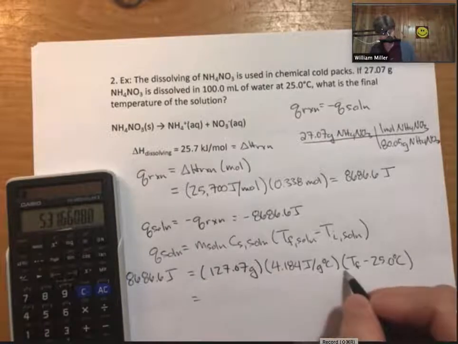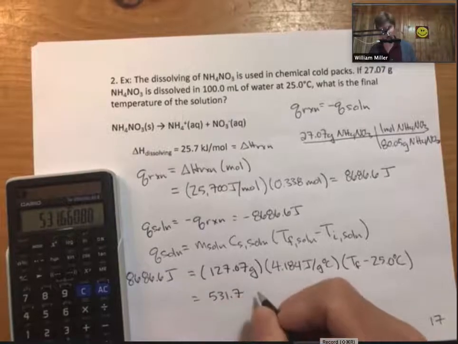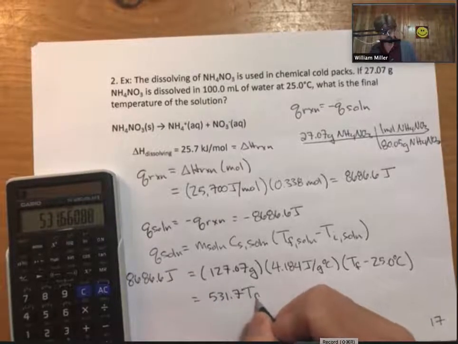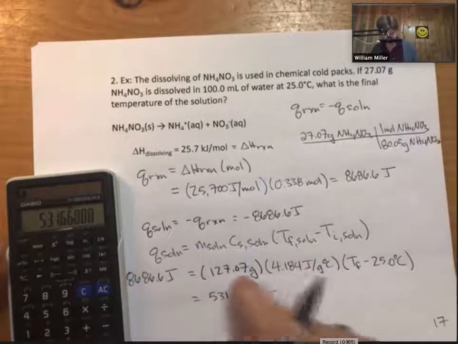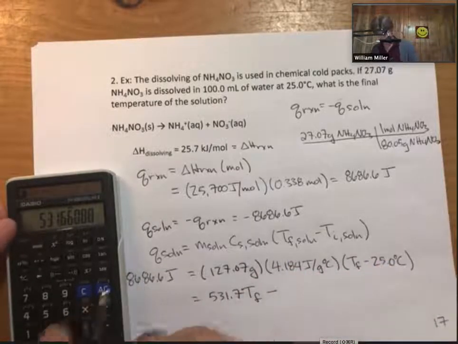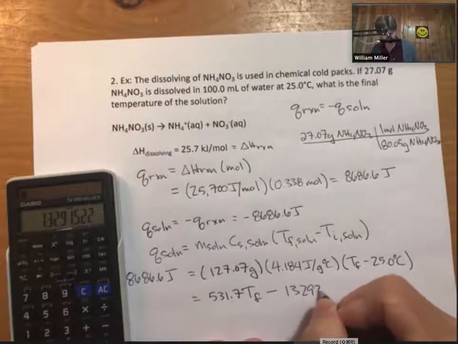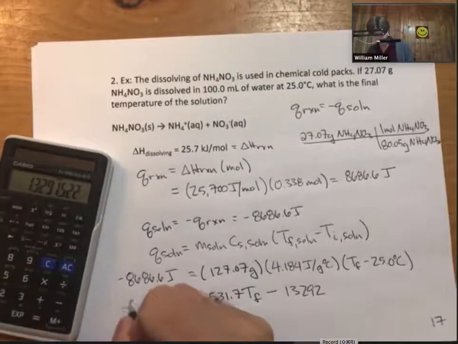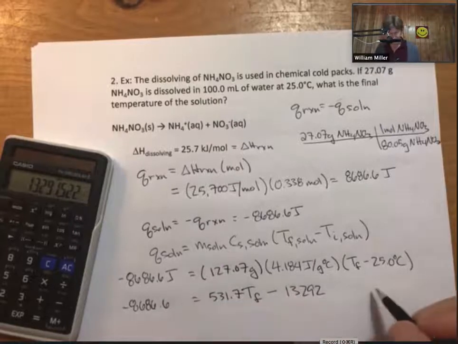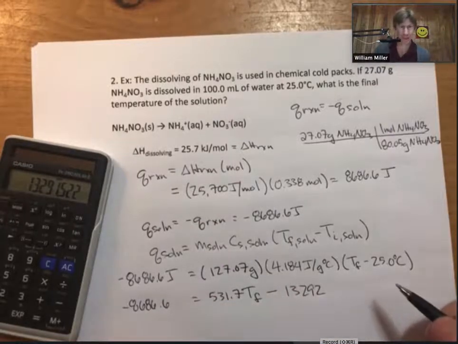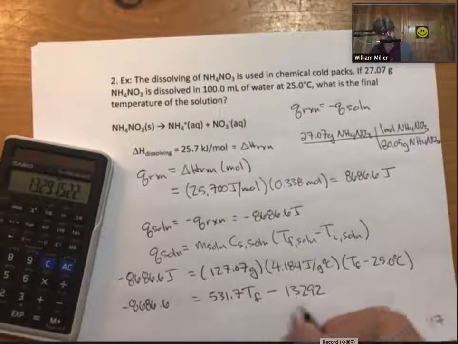So it's going to be equal 531.7, still keeping more sig figs than we need, times TF minus this times 25, 13,292 equals minus 8686.6. Getting rid of my units there for a second. Don't like that, but I'm going to do it. And then add this to the other side.